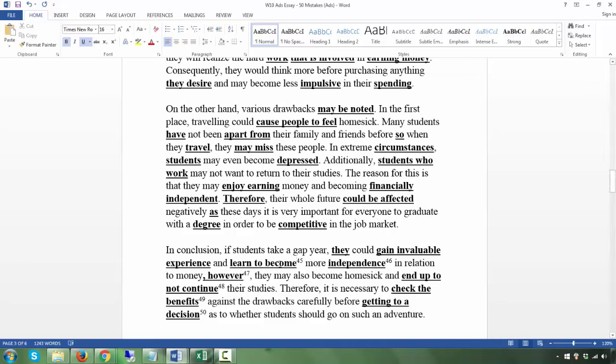Learn to become more... Become is you're going to become something, an adjective. Independence is a noun, so you put the adjective independent in relation to money. However, it's not a conjunction, it's an adverb, so it should be full stop and then capital However. Okay, it's not a conjunction.